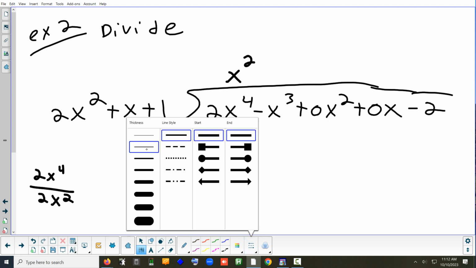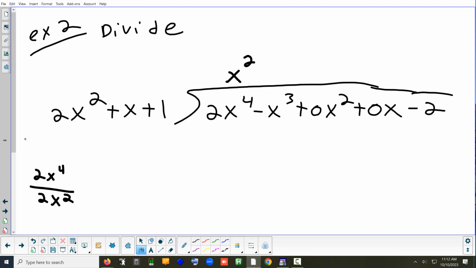All right, and now, Gabriella, what do I do with that x squared? You multiply it by everything. Yep. So we're going to multiply that back out to everything. Anna, what's x squared times 2x squared? 2x to the fourth.